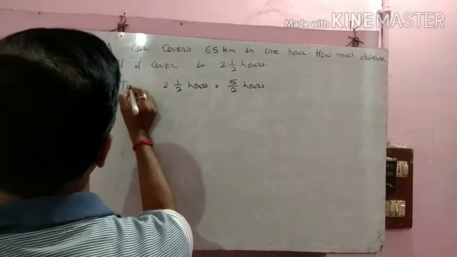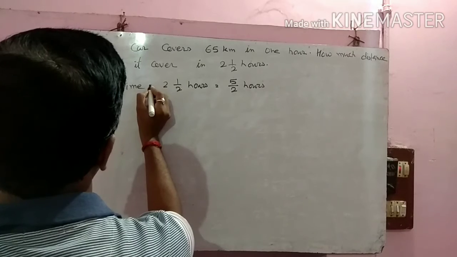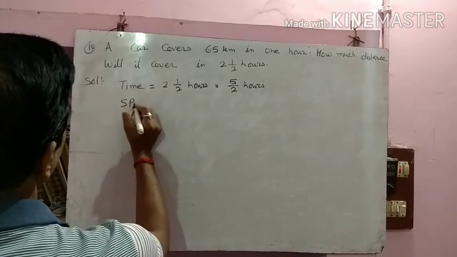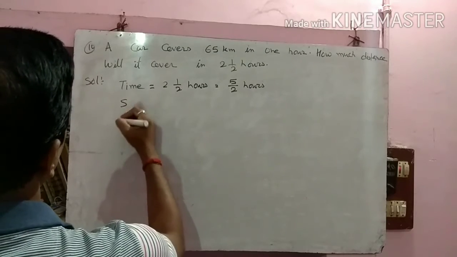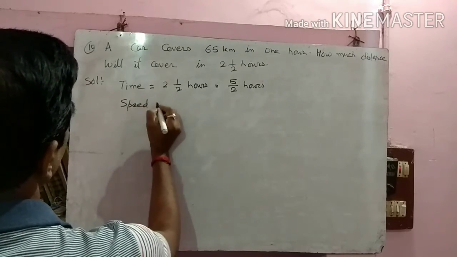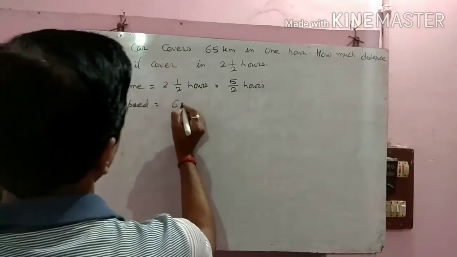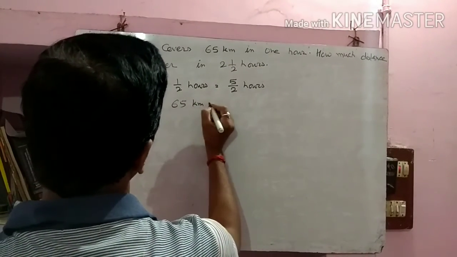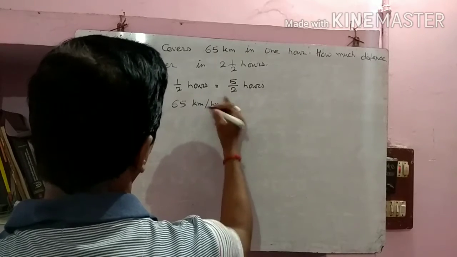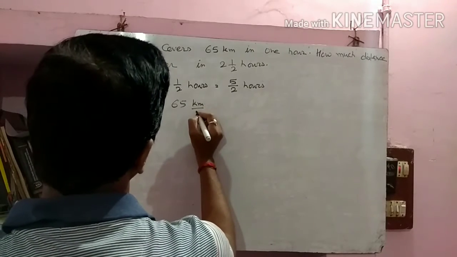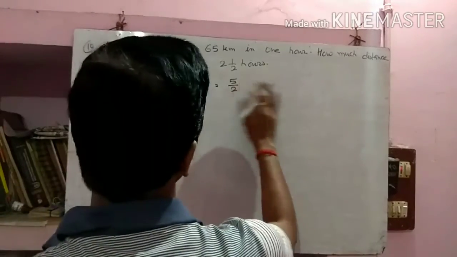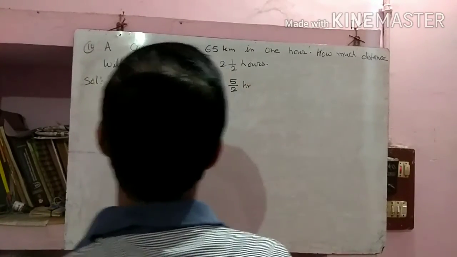This is time. Next one is speed. Speed is given 65 kilometer in 1 hour, means 65 kilometer per hour.